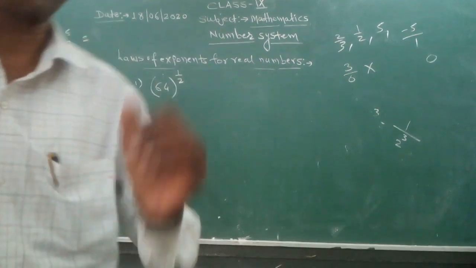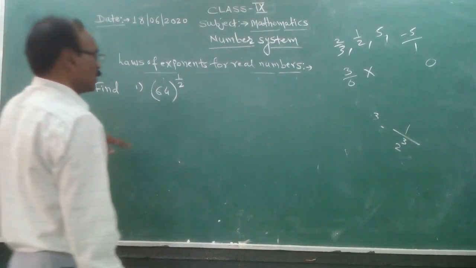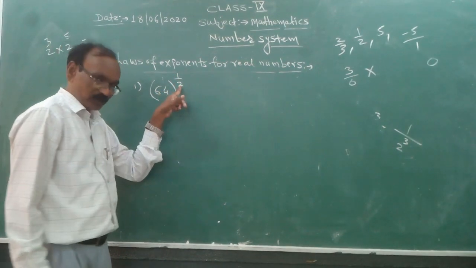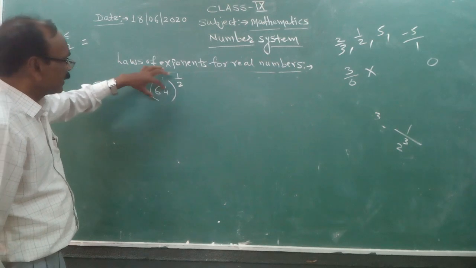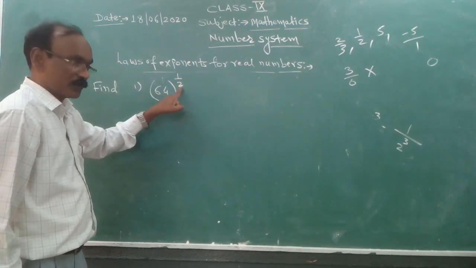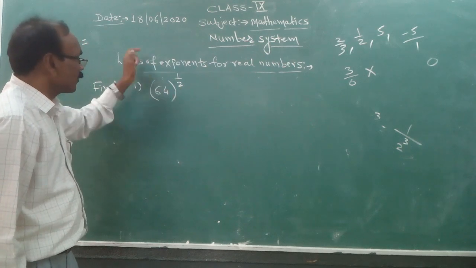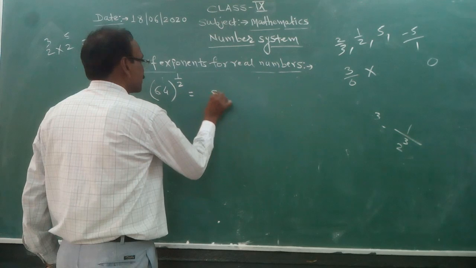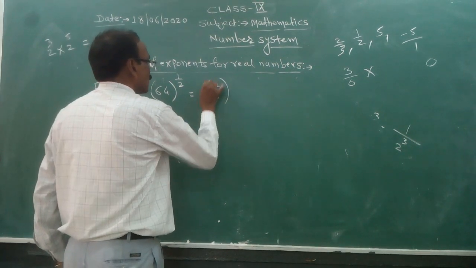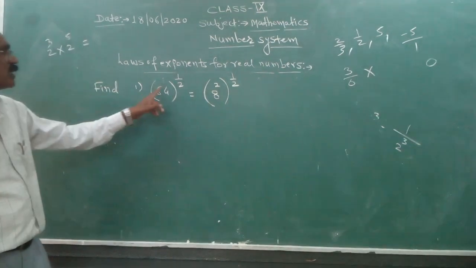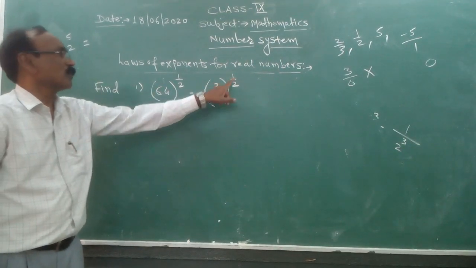What is the simplest answer? यहाँ पे पावर जो 1 by 2 है, डिनोमिनेटर में 2 है. इसको सिंप्लीफाई करने के लिए, क्या मैं 64 को स्क्वायर के फॉर्म में लिख सकता हूँ? Yes, I can write it. It is 8 square whole raised to the power 1 by 2.